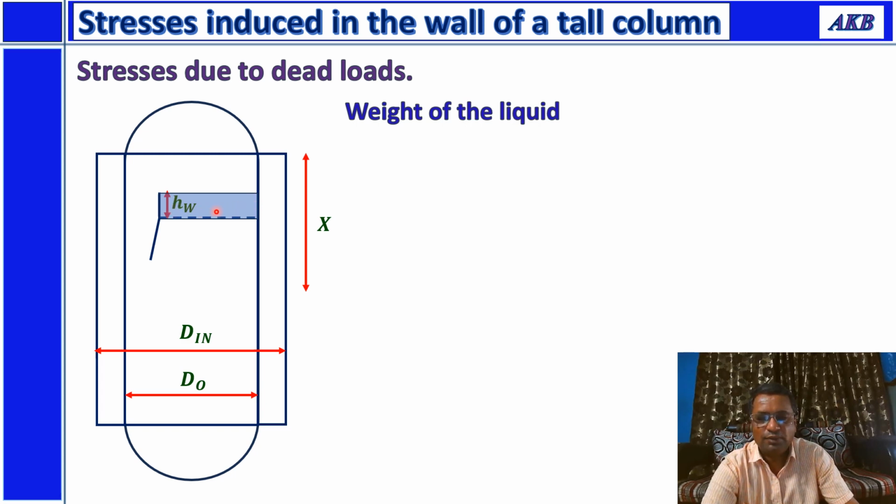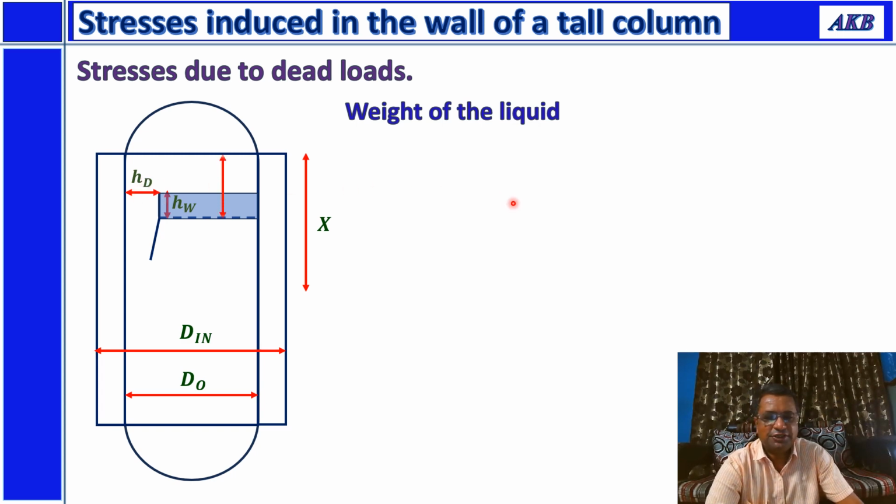For calculating stress due to the weight of liquid, first we should know how to calculate this weight. Then this distance, let us denote it as hd, the opening of the weir.